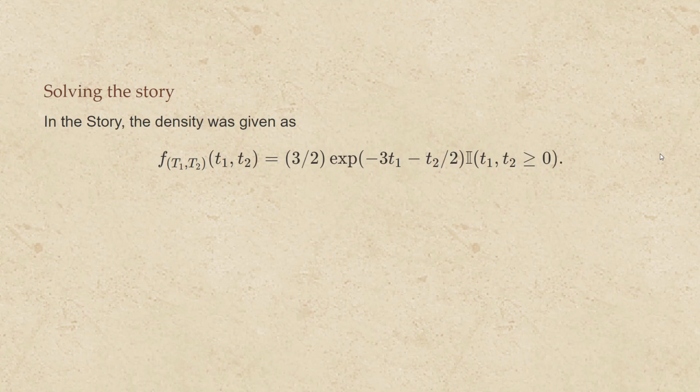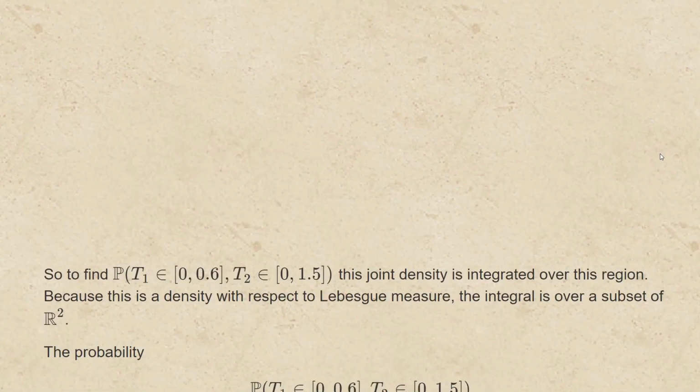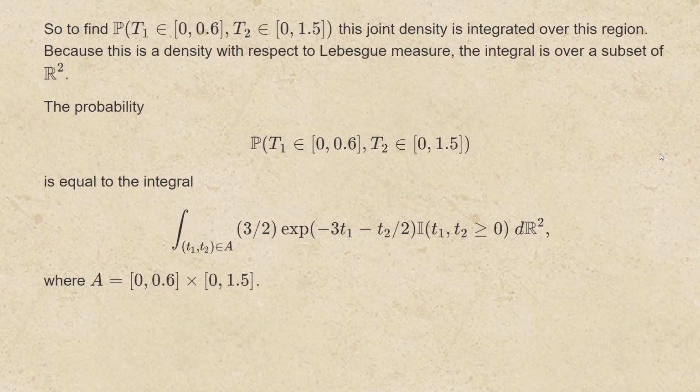In the story, the density of T1 and T2 at little t1 and t2 is 3/2 times the exponential function at -3t1 minus t2 over 2 times the indicator that t1 and t2 are greater than or equal to 0. So to find the probability that T1 is running from 0 to 0.6 and T2 is running from 0 to 1.5, this joint density is integrated over this region.